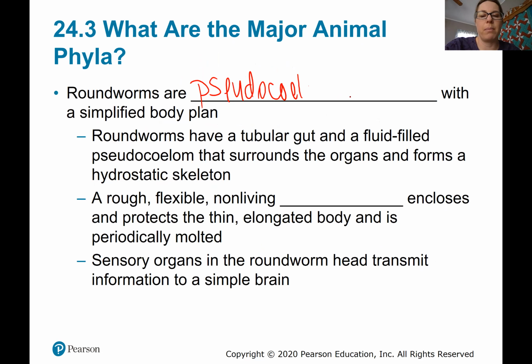So they have that false body, okay, or false body cavity. They're not a true coelomate. They also have a hydrostatic skeleton. They have a non-living cuticle, okay, or an outer layer, an outer skin that helps enclose the body and helps them molt. And they also have basically a simple brain in that head region.